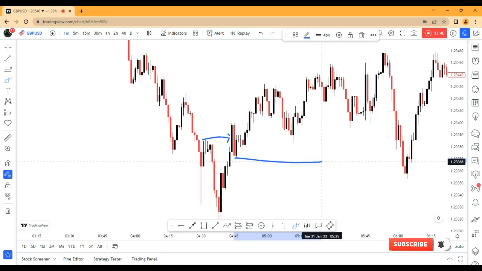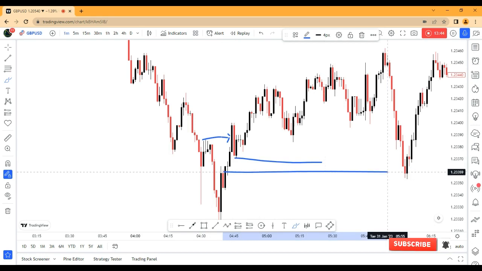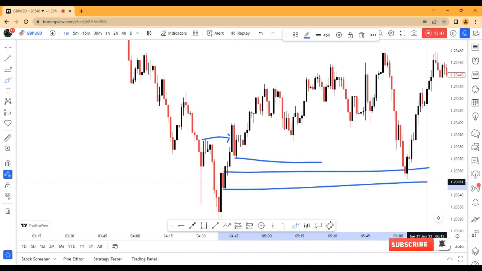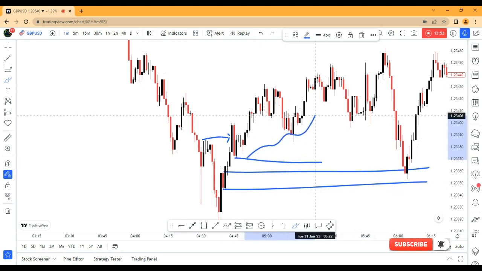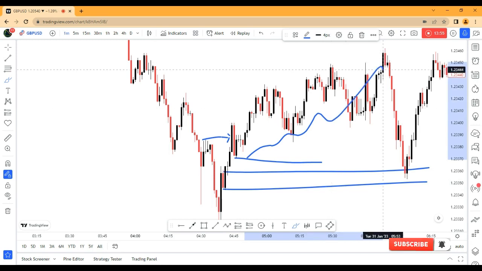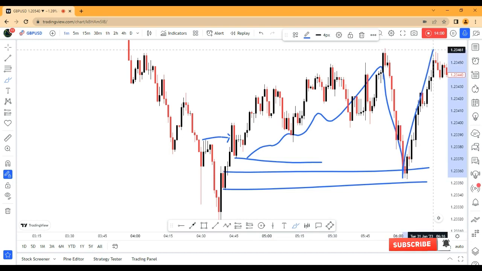If you map this inducement leg, you should be marking here as your point of interest, because this is your demand level. As you can see, when price goes up, it finally comes back and taps into the demand zone before moving to an upside.